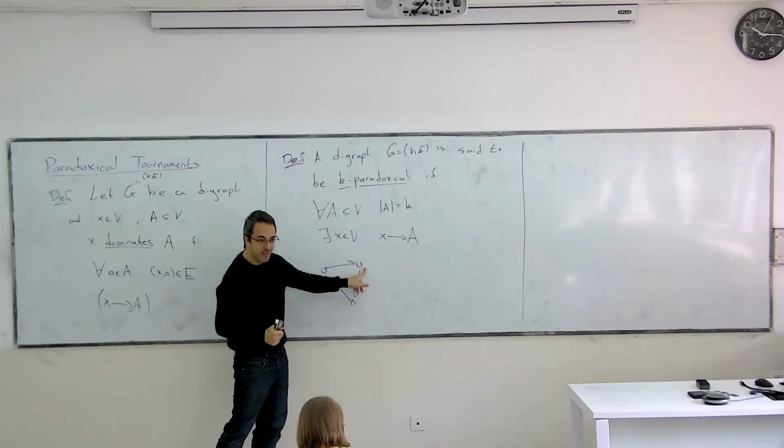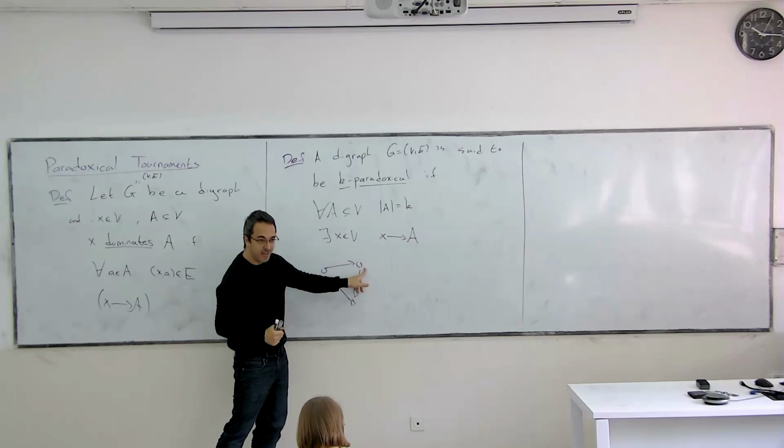I mean, not so paradoxical, but slightly. This other graph is not too paradoxical because, for example, any two vertices, by symmetry, don't have someone that dominates both. Is this notion clear?